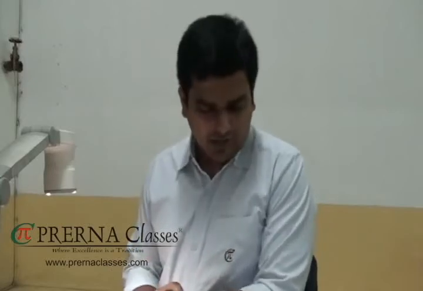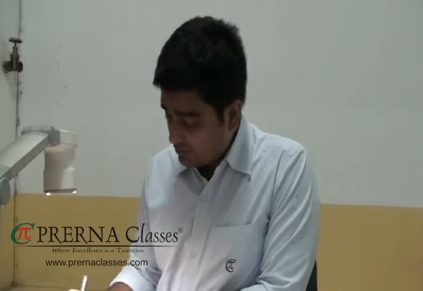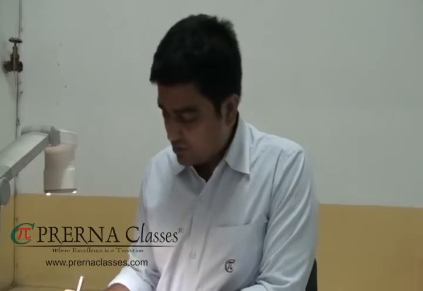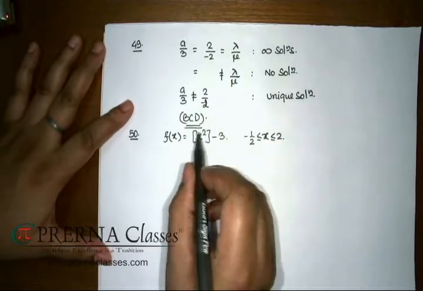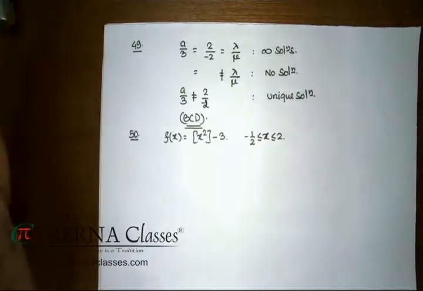The next problem was related with continuity and differentiability. You have two functions. One function is related with x square minus 3, since it is a box I can take minus 3 out, and x was ranging in the interval of -12 to 2. In this interval we just have to check where x square matches an integer.